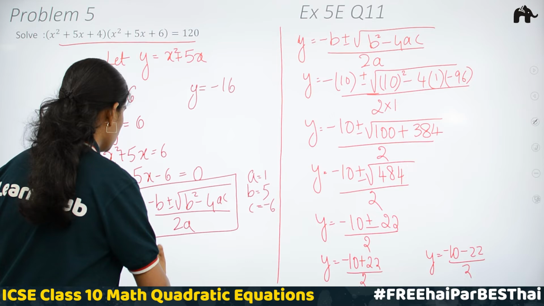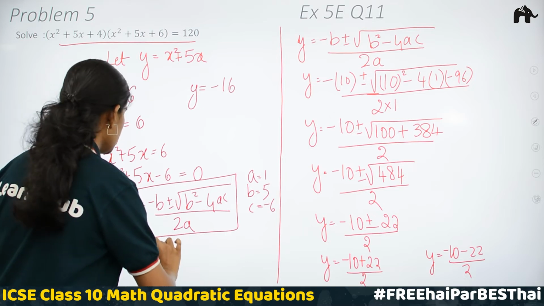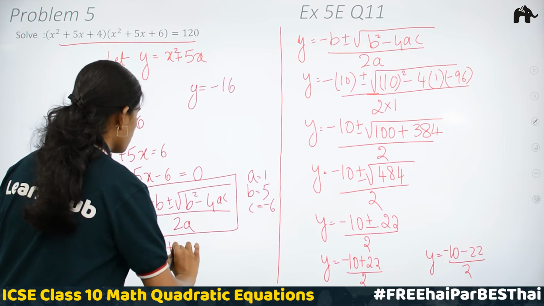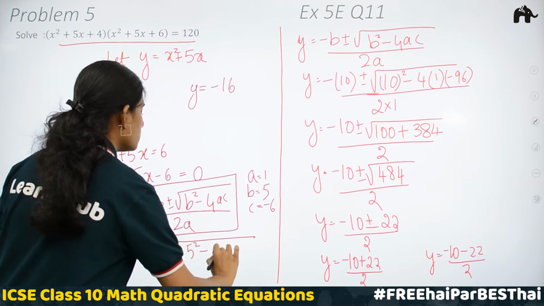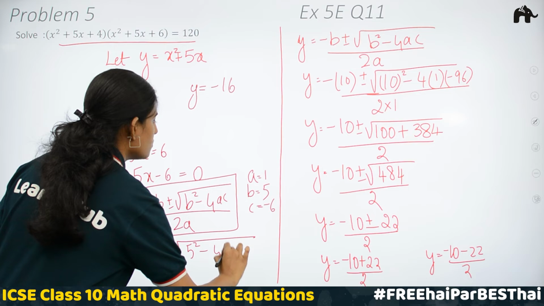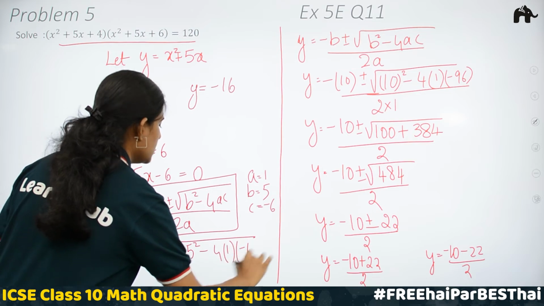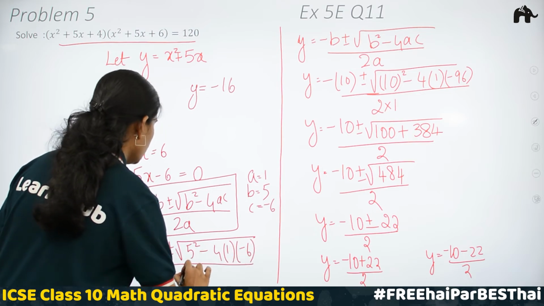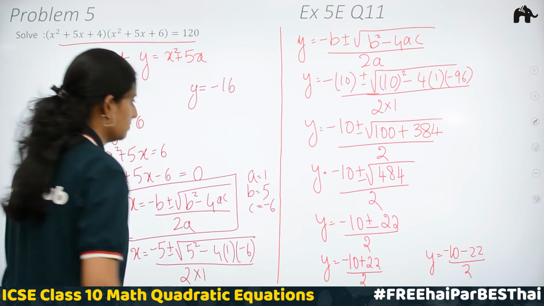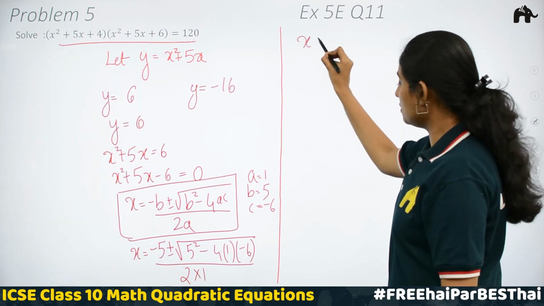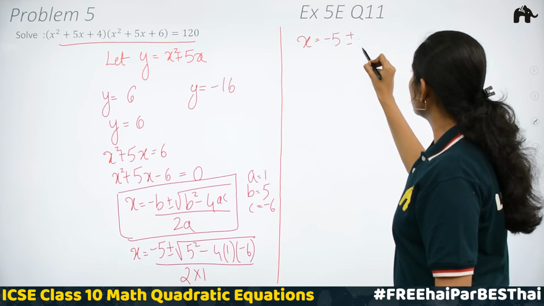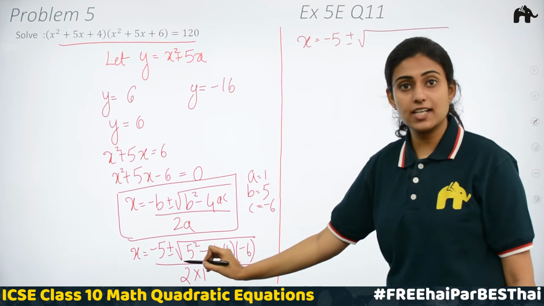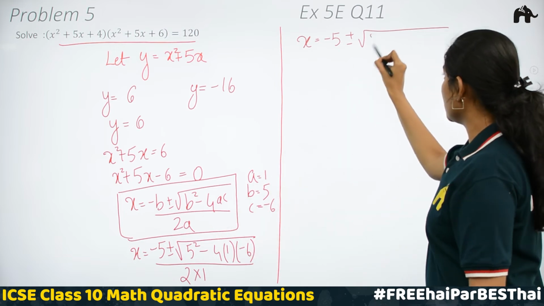x = (−5 ± √(5² − 4 × 1 × (−6))) / (2 × 1). x = (−5 ± √(25 ...)) / 2.